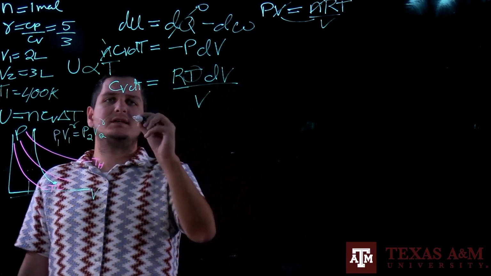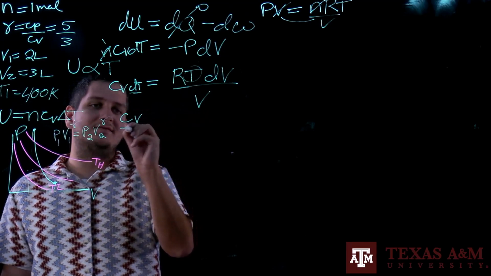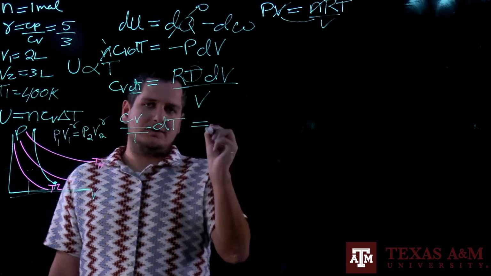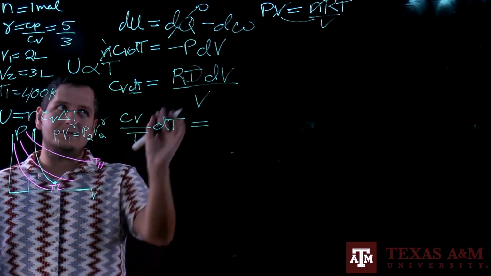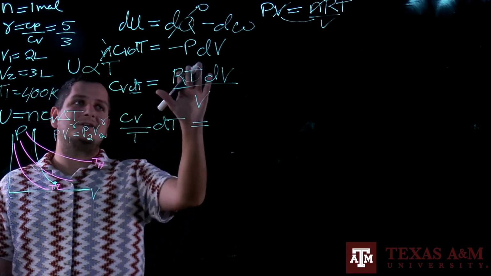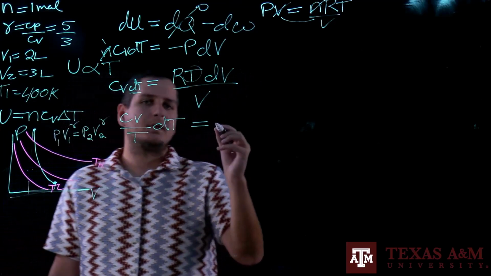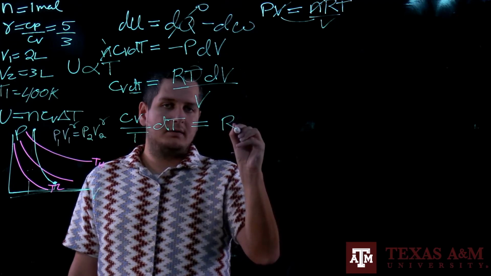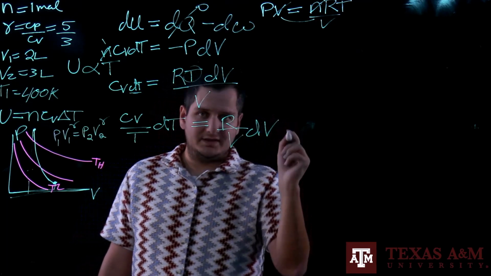But I can move T to this side with the dT over here, so I can say CV divided by T. T is not held constant in this adiabatic expansion, and P is not held constant either. That's why I can't do this integral with dV alone, I have to do it with dT. I'm going to do R over V dV.